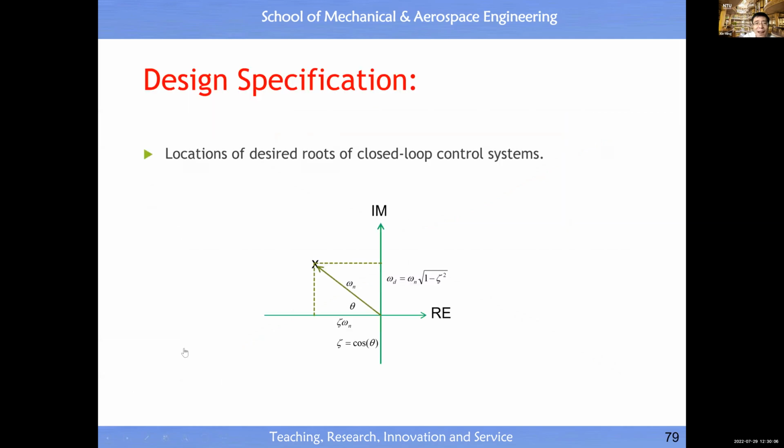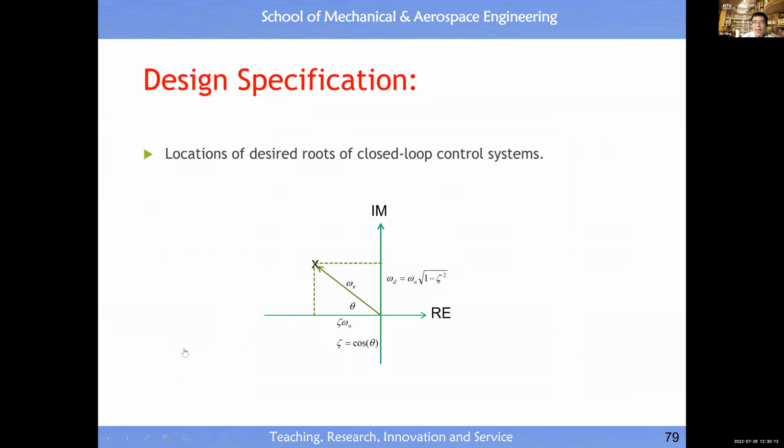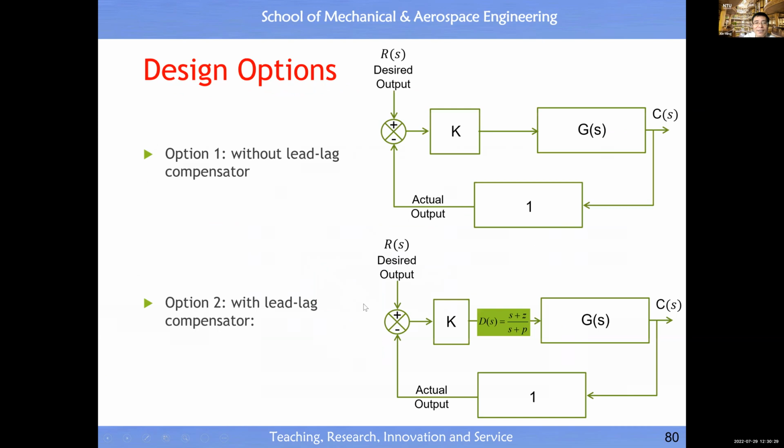So we move on. Then how to design a control system which will make an unstable system become a stable system, right? So then we can use a lead compensator. So this is background knowledge. Let's say I want the root to be here. So basically we want omega n to be this value and zeta to be this value, all right? So this is a design specification.